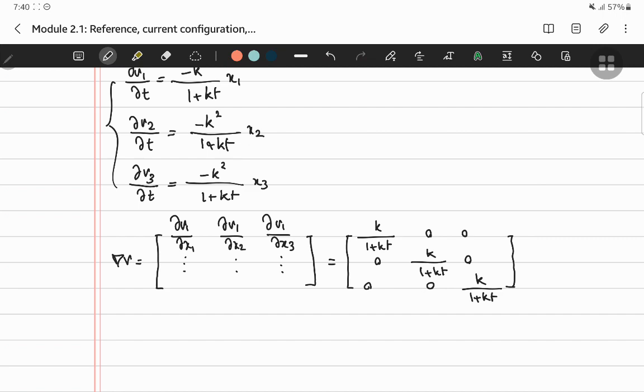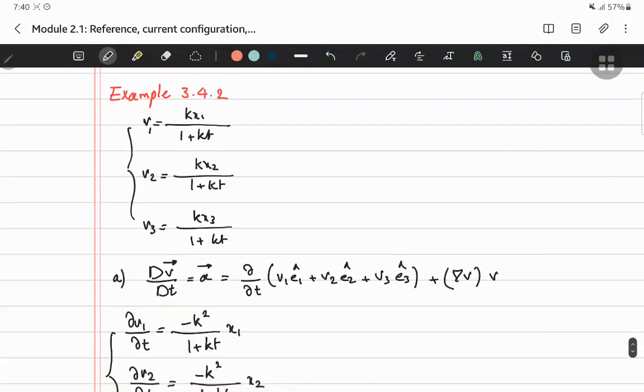So we have this one, and then we have v, which is here.